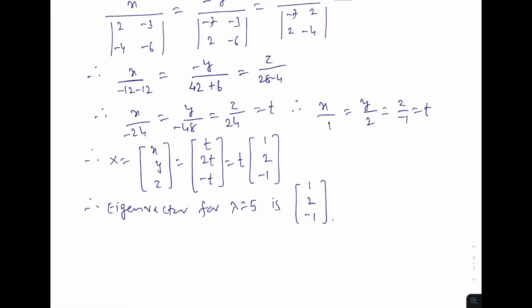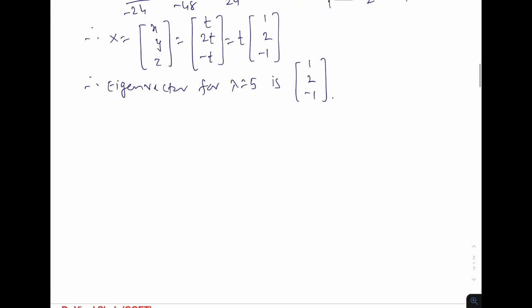Now let us find the eigenvector corresponding to lambda equal to minus 3. So eigenvector for lambda equal to minus 3. Again, A minus lambda I x is 0 matrix.